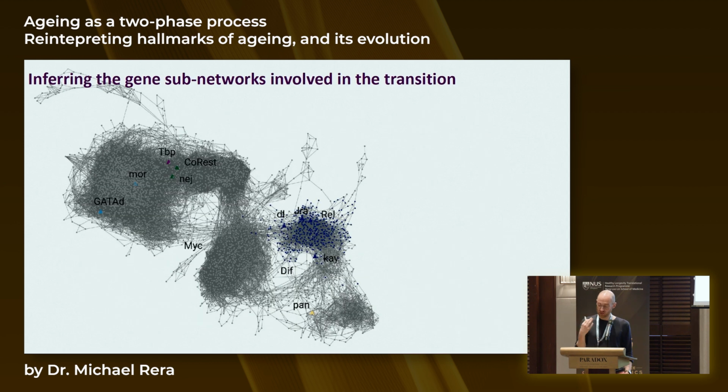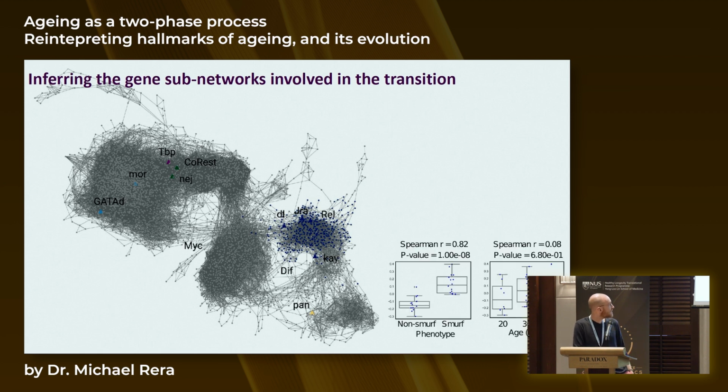Now what we're doing is trying to infer the gene expression network that is involved in those 2 phases, and especially in the transition. So here you can see a WGCNA network, a co-expression network in which we can identify different modules that are affected either by chronological age or by Smurfness, as you see here, with this module that is basically an inflammation module that is strongly activated in the Smurfs.